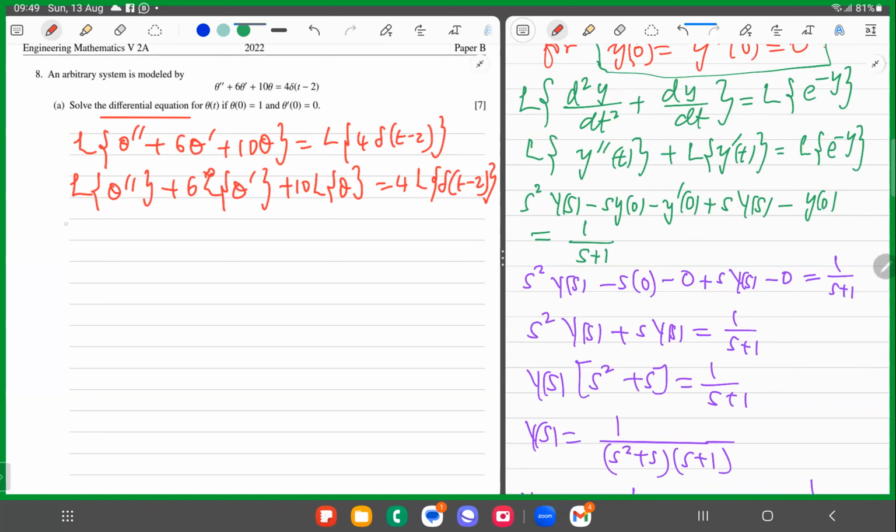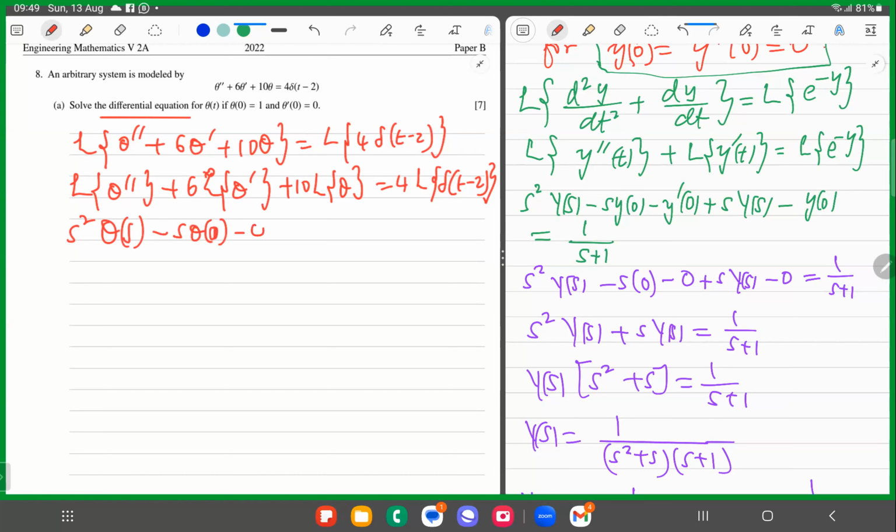So this one is, for instance, like an s squared, always s, right? Then we have capital theta of s. I'm looking at the green part because we took it from the table, and then s. Then you have small theta of 0.